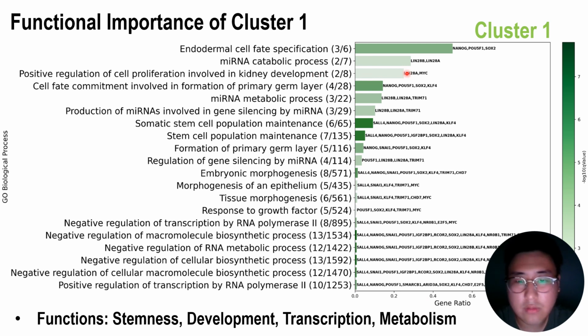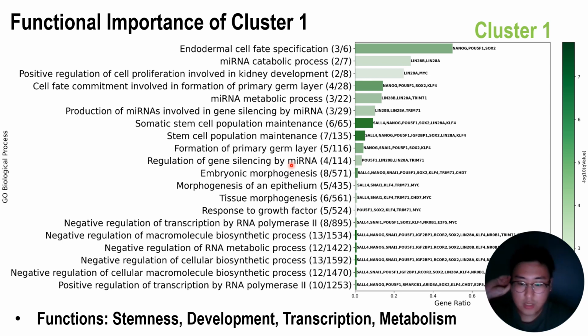You can see that LIN28A and LIN28B actually function in the microRNA catabolic process, and I think this is an important finding. And you can see over here again OCT4 and LIN28 and TRIM71, which is another important factor to maintain stemness, is actually involved in regulation of gene silencing by miRNA.